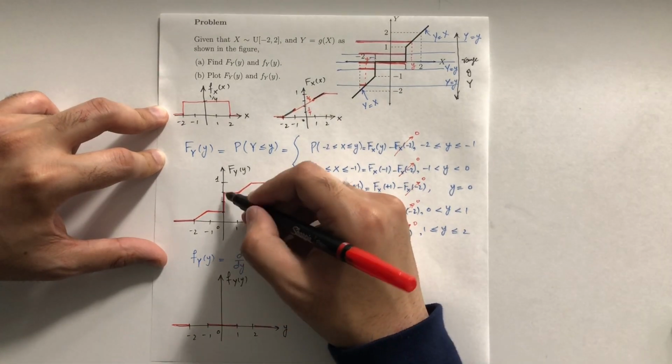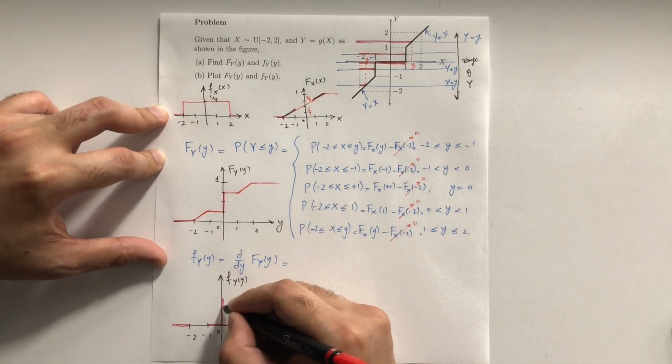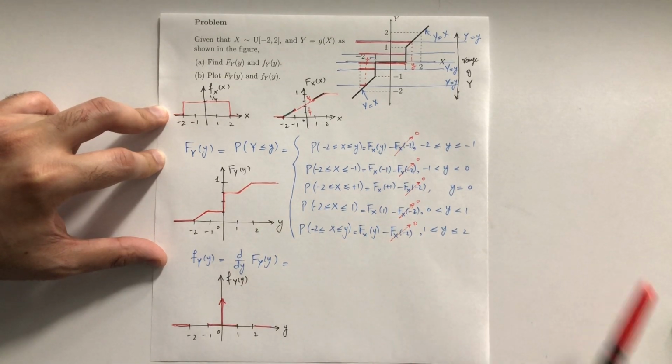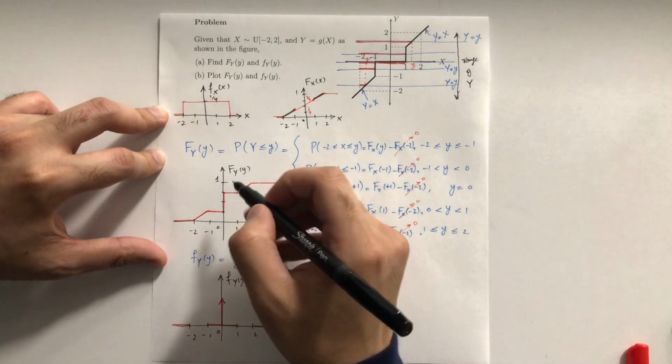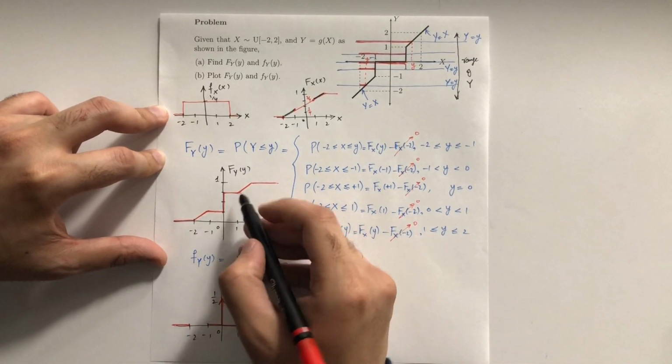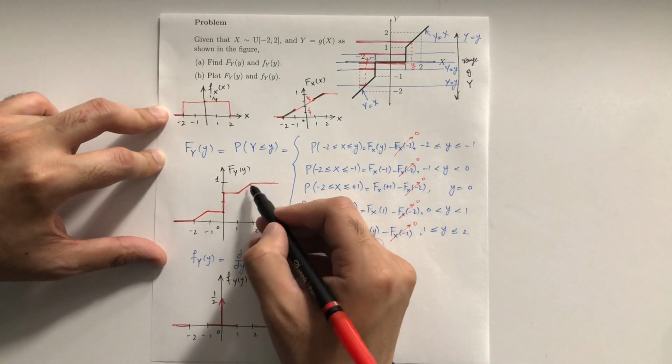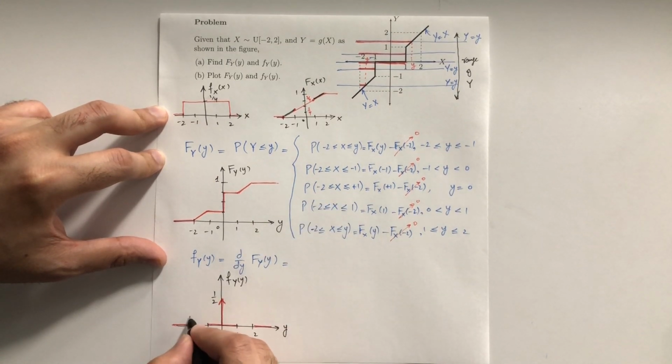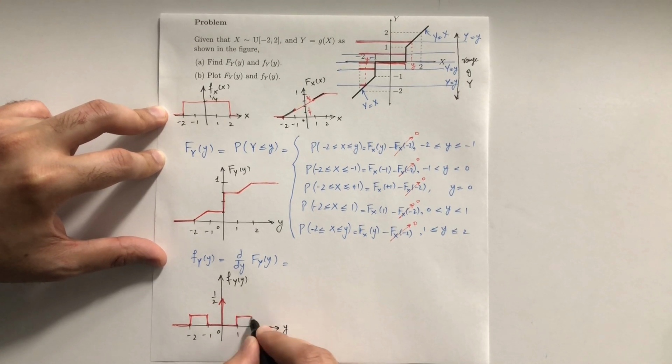And because there is this jump here, we will have a delta function at 0 with the height of 1/2. And these lines are just constant slope lines of 1/4. So we just have a constant function here.